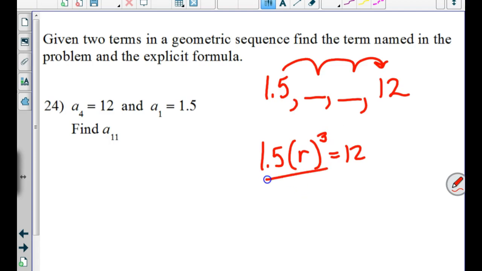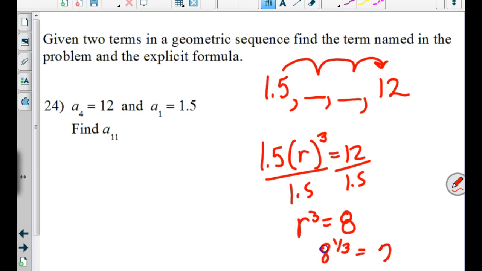So 12 divided by 1.5, I don't know what that is, 8? And then 8 to the 1/3 is 2. So if we had to fill this in, times 2 would be 3, times 2 would be 6, times 2 would be 12. It's working, right?